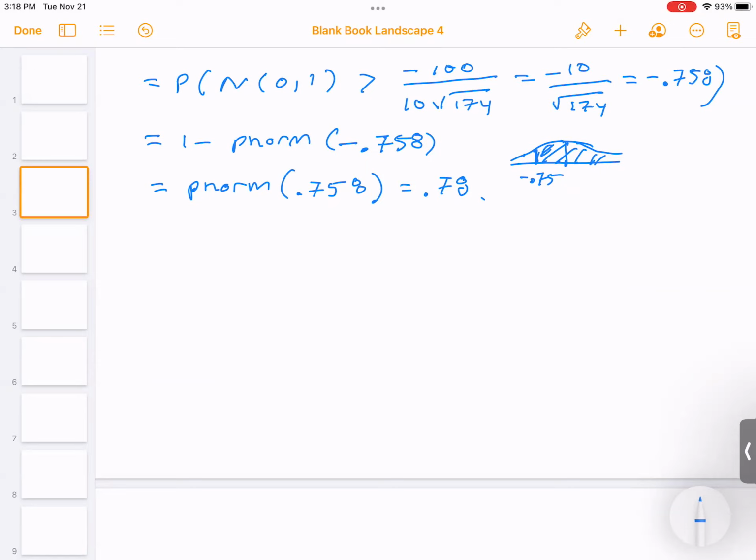Okay, next thing, adding discrete RVs independent. Okay, this is also a type of convolution. But it of course is different. There's no integral.